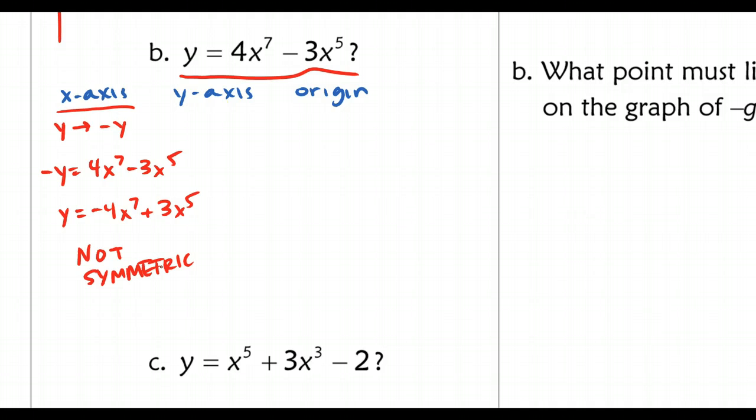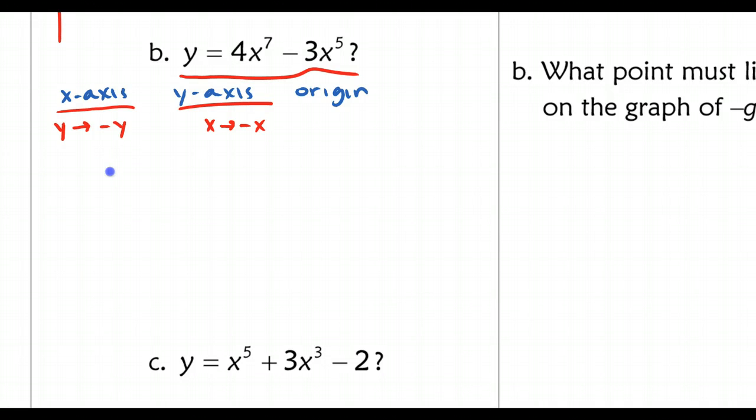Okay? So now we test the y-axis. If it's symmetric about the y-axis, then I should be able to replace x with negative x and get the exact same resulting equation. So here, again, I'm going to erase a little bit. Here I test and plug in, so if y is equal to 4 times negative x to the 7th minus 3 times negative x to the 5th, and I simplify here, if I get the exact same equation, then it's symmetric with respect to the y-axis.